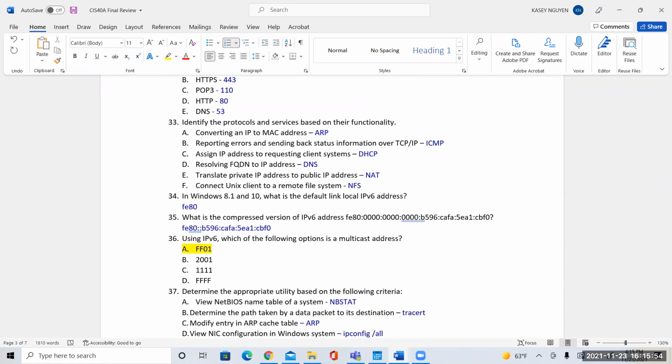37. Determine the appropriate utility based on the following criteria. A, view the NetBIOS name table of the system, nbtstat. NetBIOS statistics, right? It's so easy. Determine the path taken by a data packet to its destination, traceroute. Modify an entry of the ARP cache table, ARP, and then you would use the option -a, and so on.